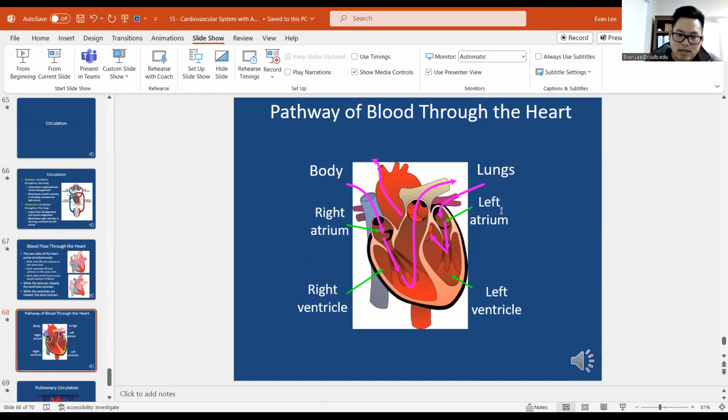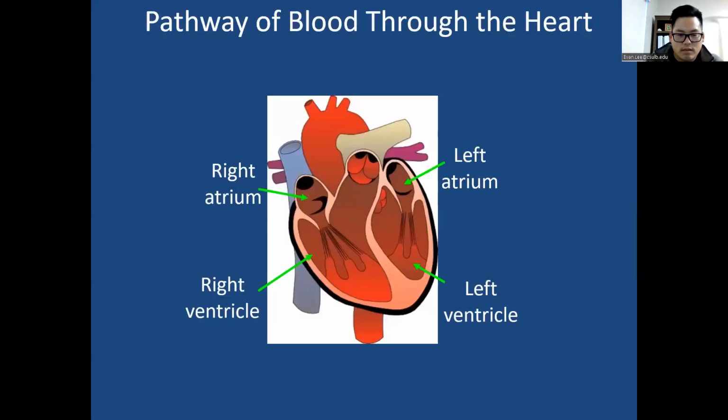You can actually start anywhere, but if you look closely, starting at the systemic circulatory system, you bring blood back from your body to the right atrium. What do you go through next? The tricuspid valve.